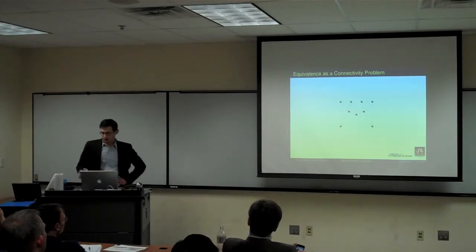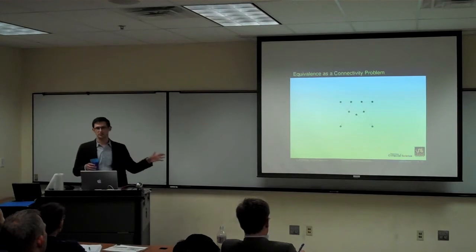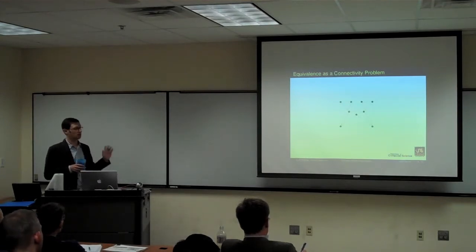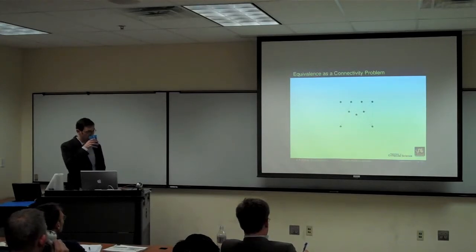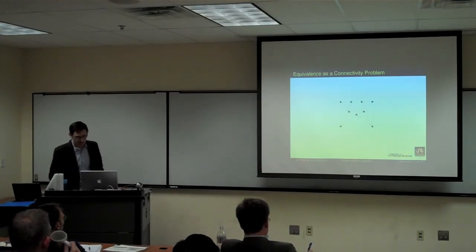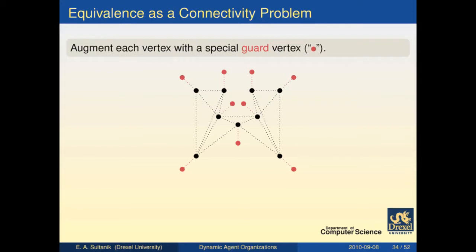So now I'd like to motivate the fact that we can actually solve this art gallery problem or approximate it as if it were a connectivity problem. So here, this is the visibility graph for the polygon. And the first step is to augment each vertex with a special guard vertex, which I've drawn in red.